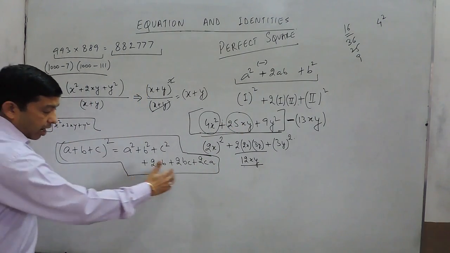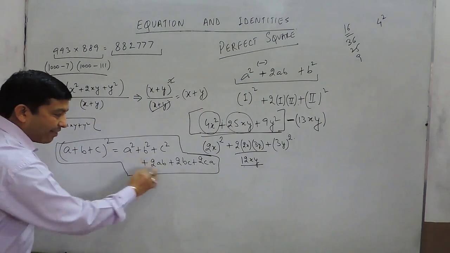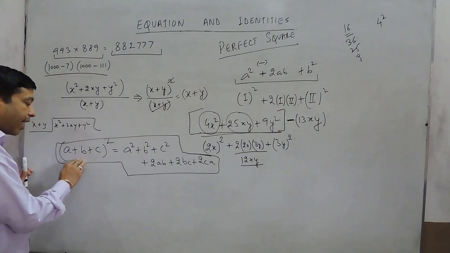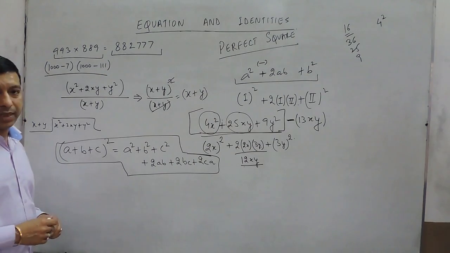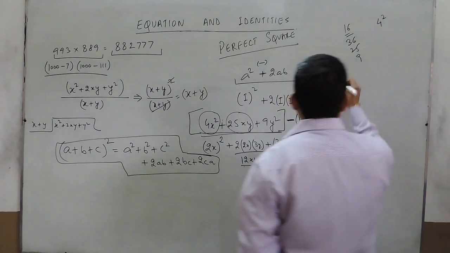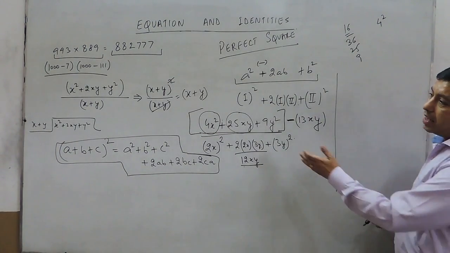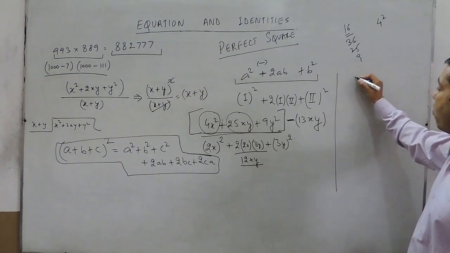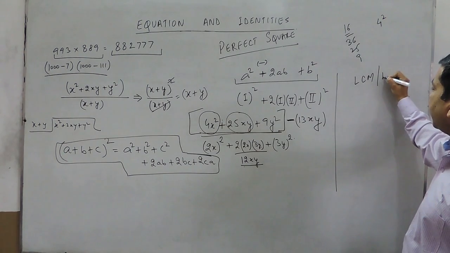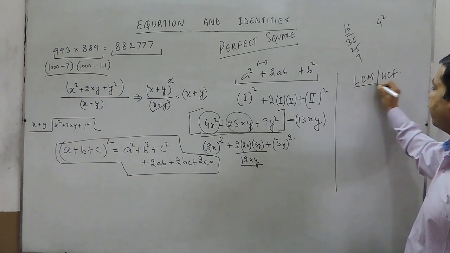So if we have a larger expression in 3 variables, this can also be written as a perfect square having 3 variables in it. Here what we are saying is that we can use it in the division format. There is one more possibility of using this in the case of LCM and HCF.